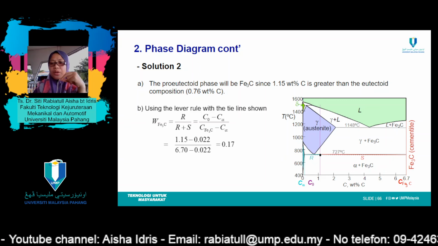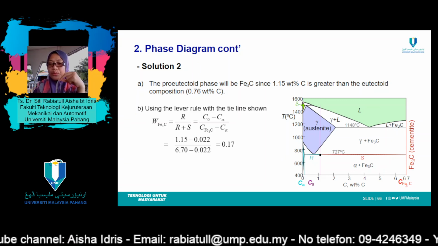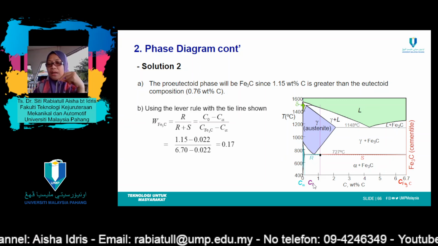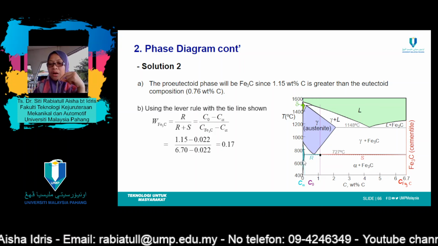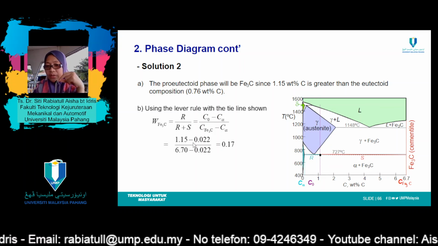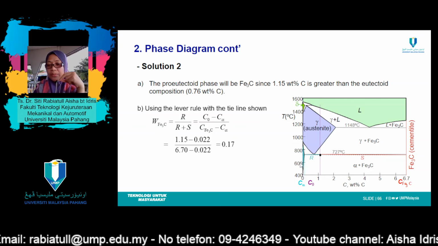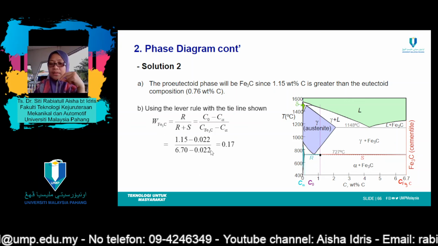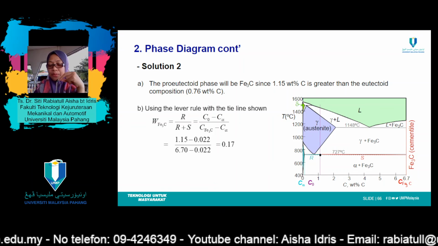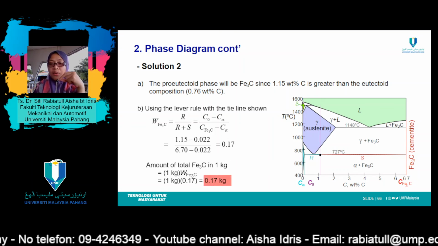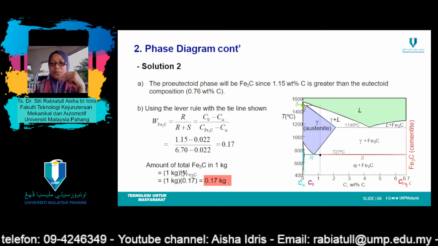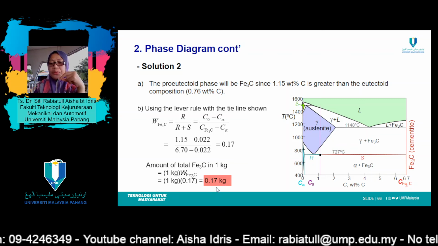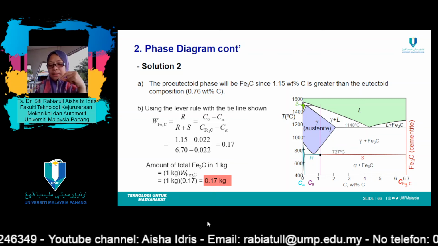Now using the lever rule, you may calculate S over R plus S for cementite, and you should be able to get 0.17. In 1 kilogram, just times with 1, you should get 0.17 kilogram of cementite in it.